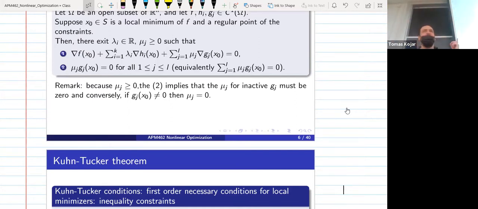I mean, you see how little I have to work with? This is their proof. It's like 3 lines. And I had to do like 5 slides to put all the details.